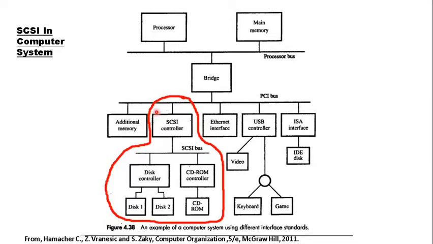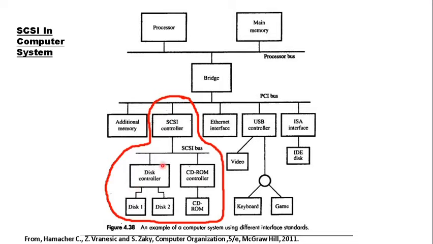Note that with respect to SCSI, the main controller is known as the initiator, which begins any transaction on the SCSI bus. Any of your peripheral device controllers, like your disk controller or your CD-ROM controller, is known as a target.